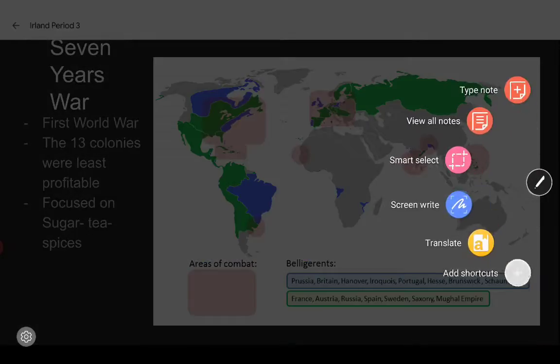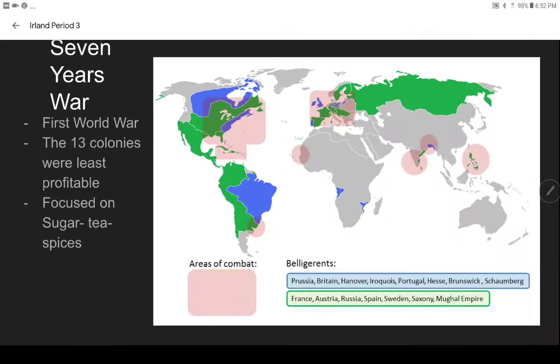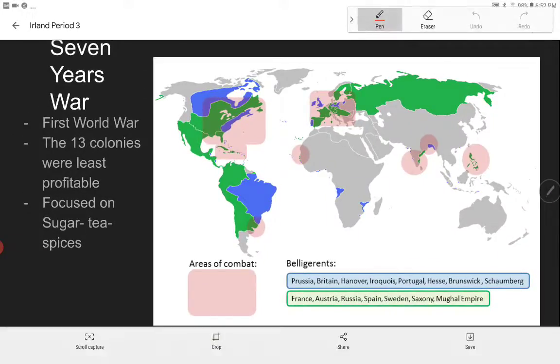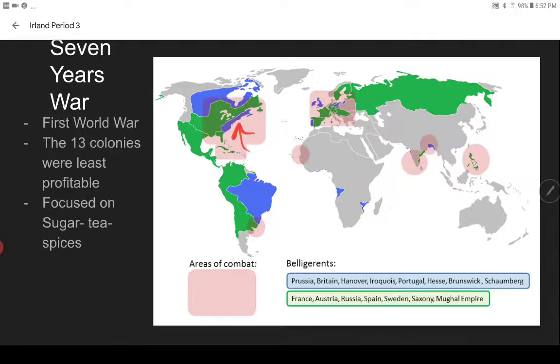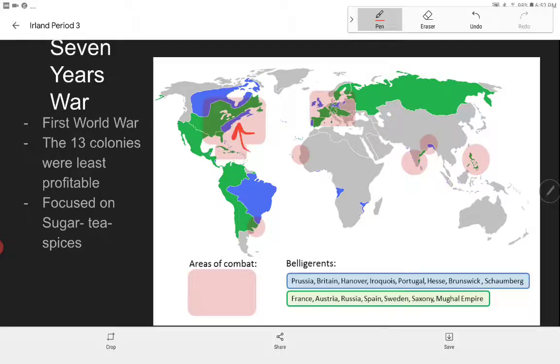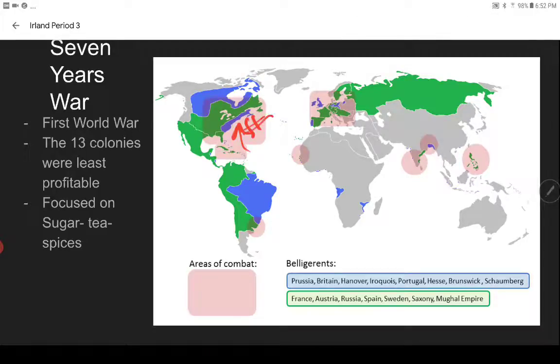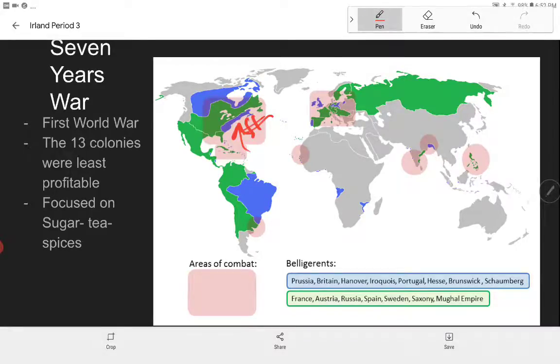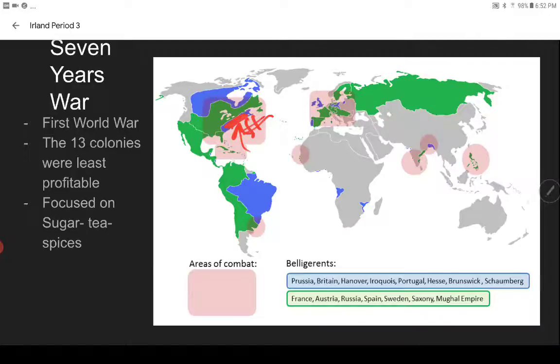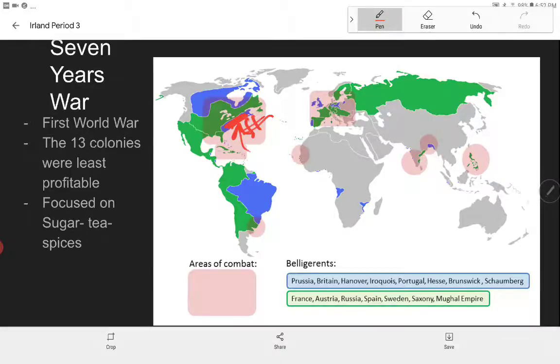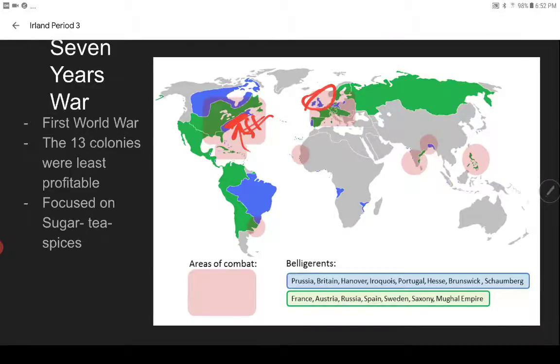So William Pitt, though, who is in England, decides when he looks at this map, he's like, where will we go where we are going to win? And what he decides is that this is the best place that the British are going to win. One, we've already talked about it. They have huge numbers of people in North America. The numbers are huge, right? They are basically competing with England as far as numbers.